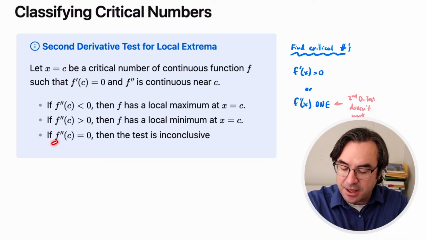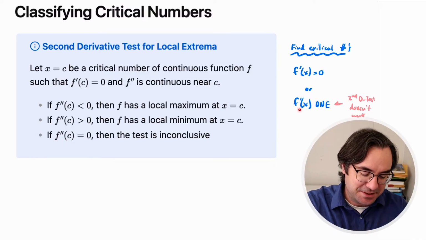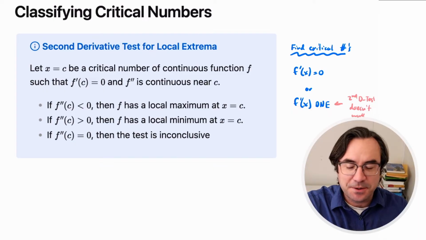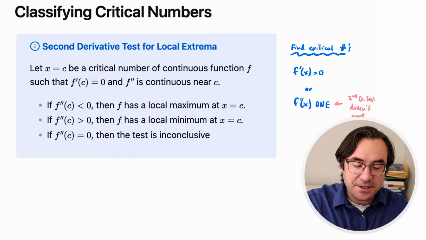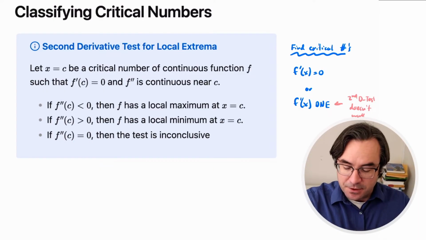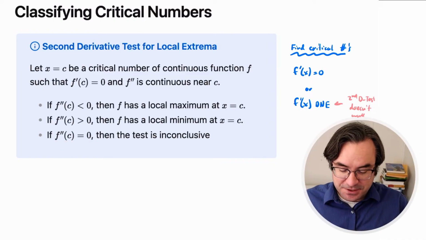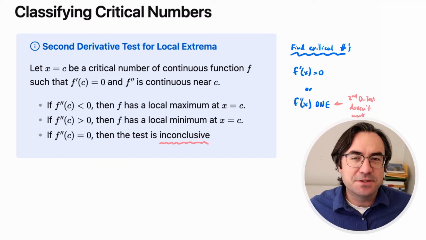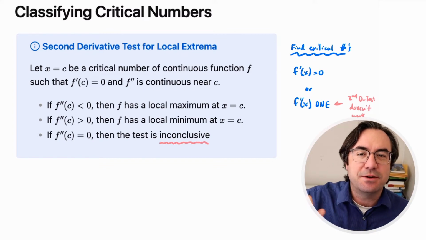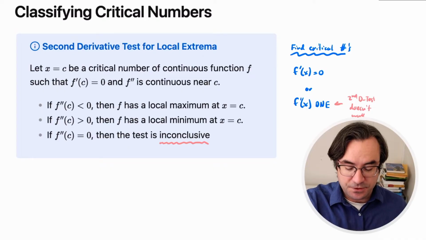Now, there's another issue with the second derivative test. Sometimes, even if it is a perfectly good critical number, the second derivative test can be inconclusive. For the most part, though, this test works out nicely, but it can be inconclusive.